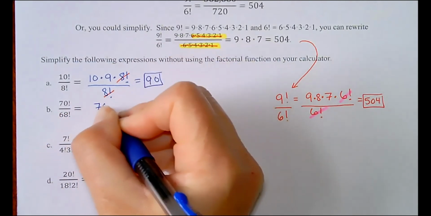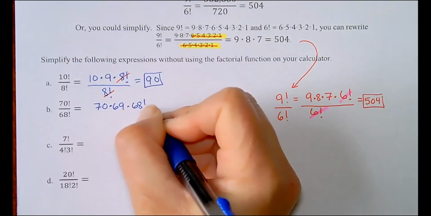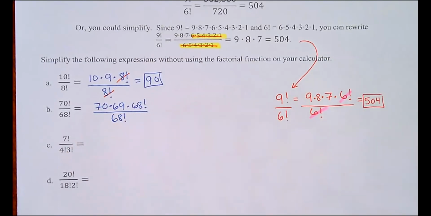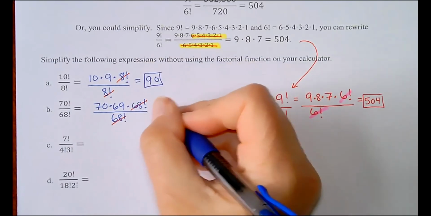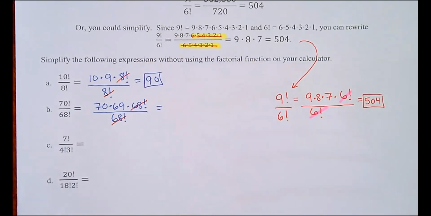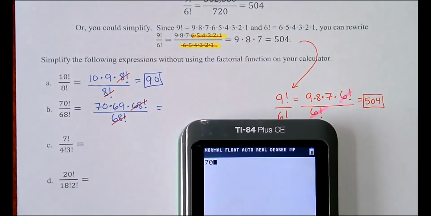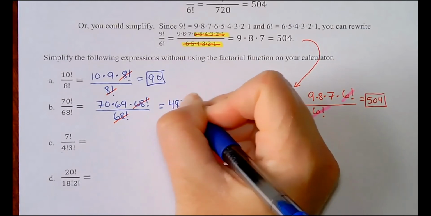So I'm going to go 70 times 69 times 68 factorial over 68 factorial. Again, the 68 factorials are going to cancel out, and I'm going to be doing 70 times 69, which is 4,830.